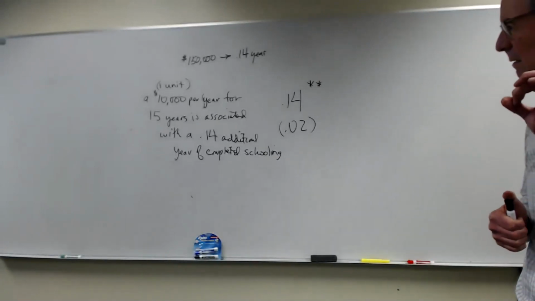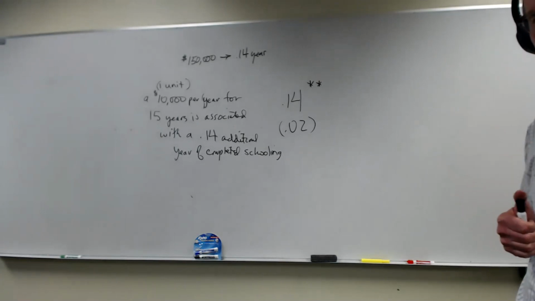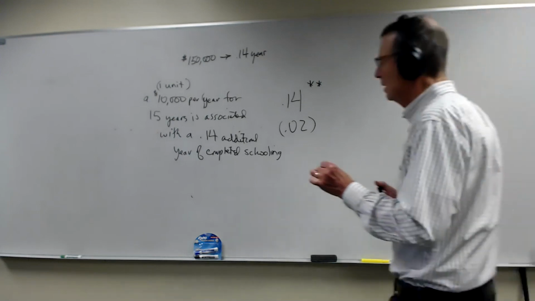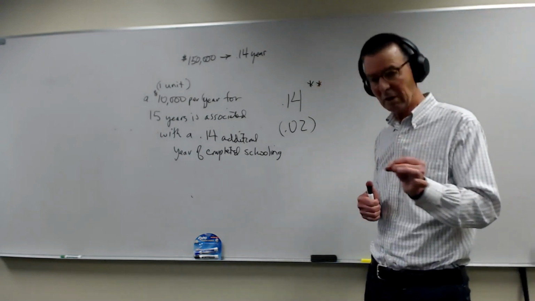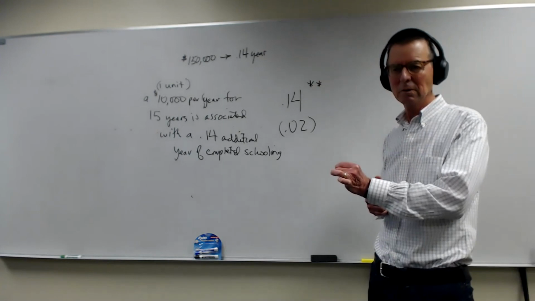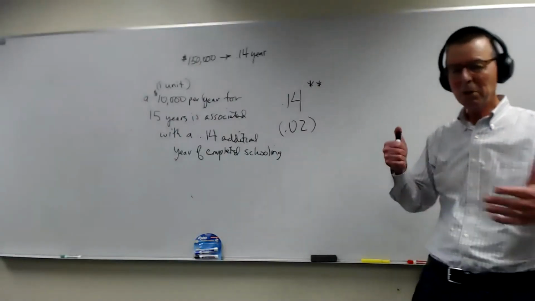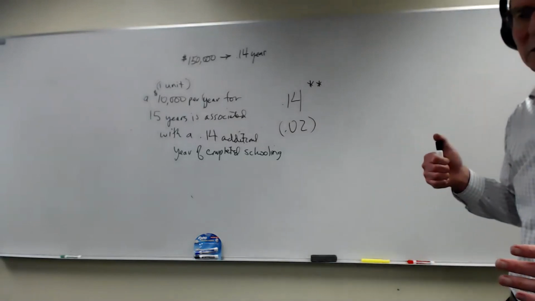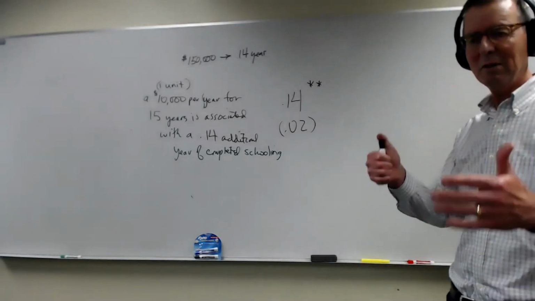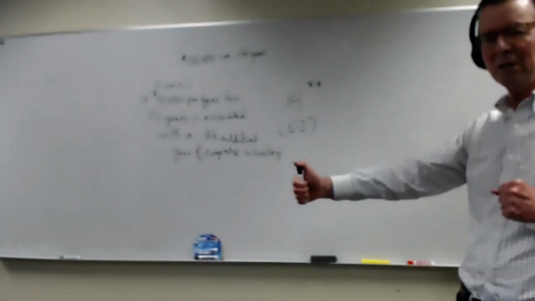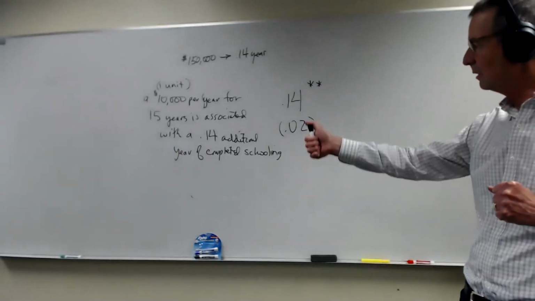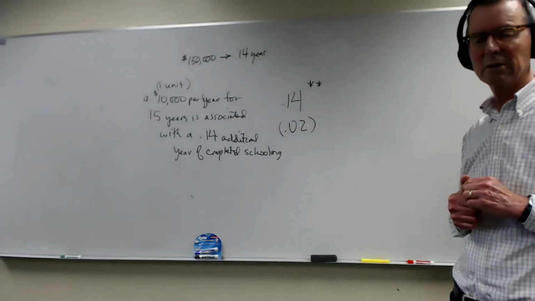So a 1 unit change, because we're talking about income scaled in tens of thousands of dollars, a 1 unit change in income is just an additional $10,000. Mm-hmm. So it wouldn't be 100, it's an additional 10. Sorry. Yeah, so it's an additional 10,000 per year, and the period over which we're getting this average is 15 years. Right, so 10,000 per year for the whole 15 years is $150,000.